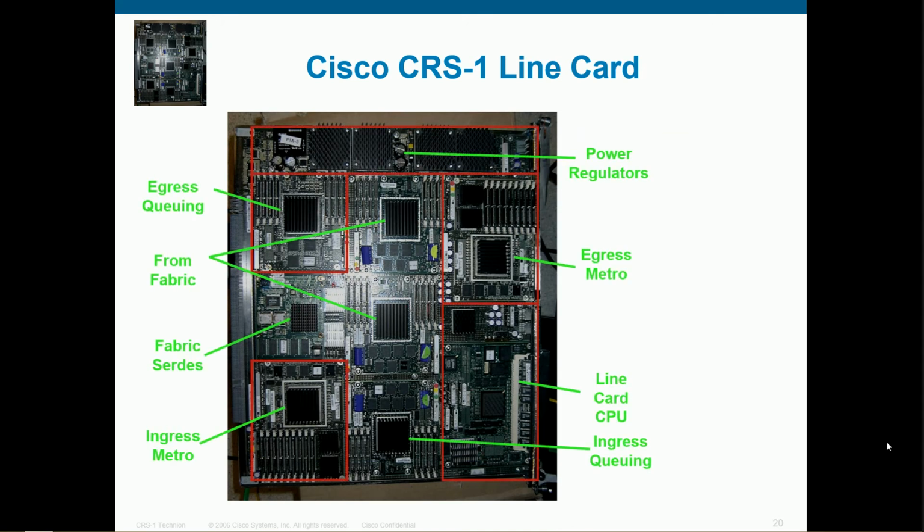Now let's look at it as a real photo. It's a heavy, dense card with lots of resources tied to this. But then again, this is also like $4 or $5 grand per card.